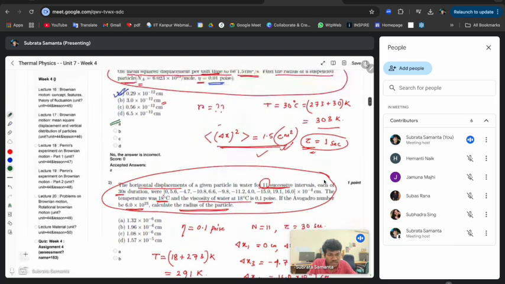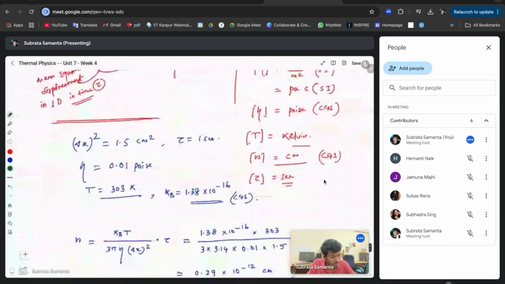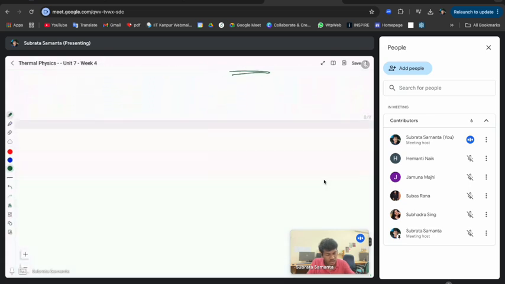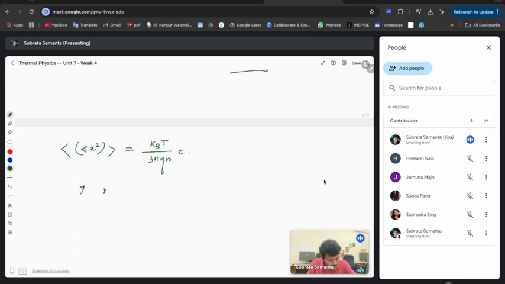Same as before, if we use the Einstein equation, delta x square average equals kBT over 3 pi eta r times tau. So from this, r, the radius of the particles, equals kBT times tau over 3 pi eta times the average delta x square.